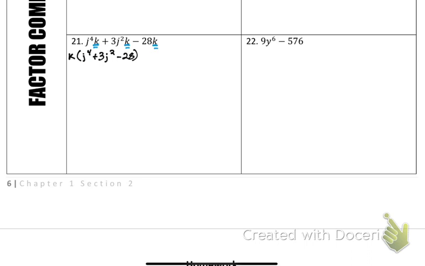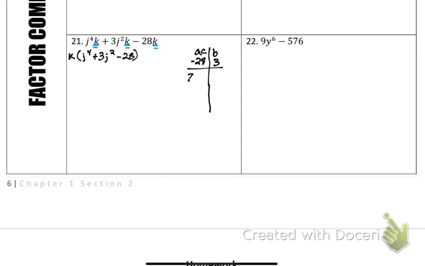Factor by grouping says do my a times c and my b. A times c is 1 times negative 28, so that's negative 28. My b is 3. I need two numbers that multiply together to give me negative 28, but the difference between those two numbers is 3. 7 and 4?